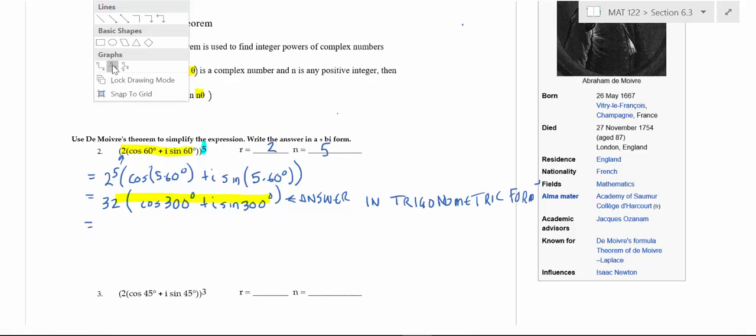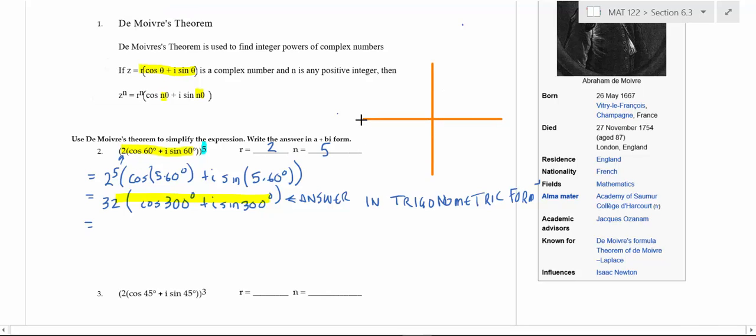So let's consider what's going on at 300 degrees. Remember you have these 3 critical points in quadrant 4. 300 degrees is this angle right there. The way I always remember this is the x value is small and the y value is bigger at this angle.